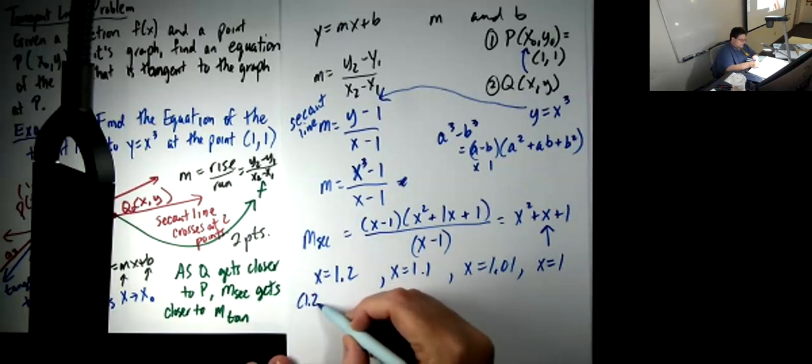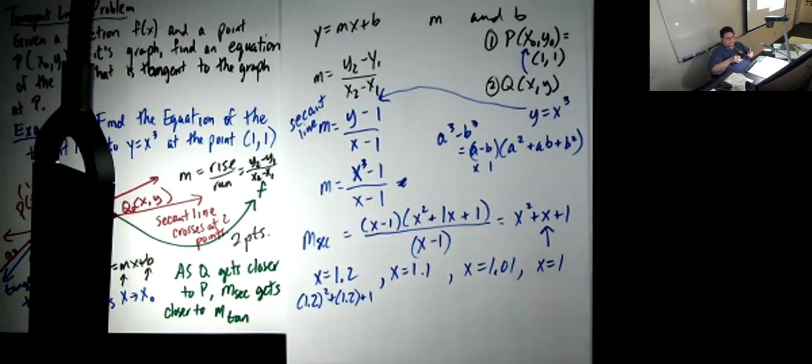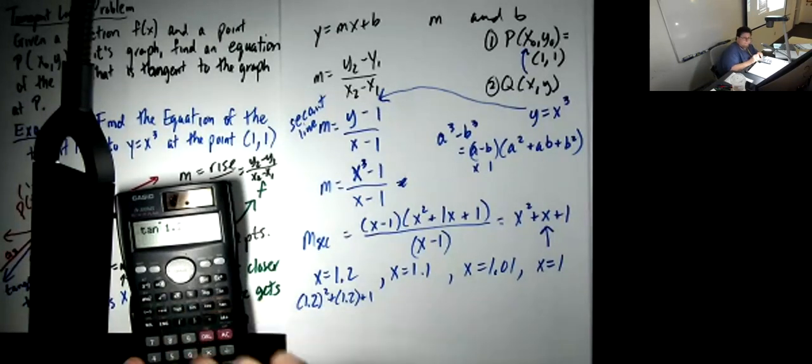If I do 1.2 squared plus 1.2 plus 1, let's see what that value is real quick.